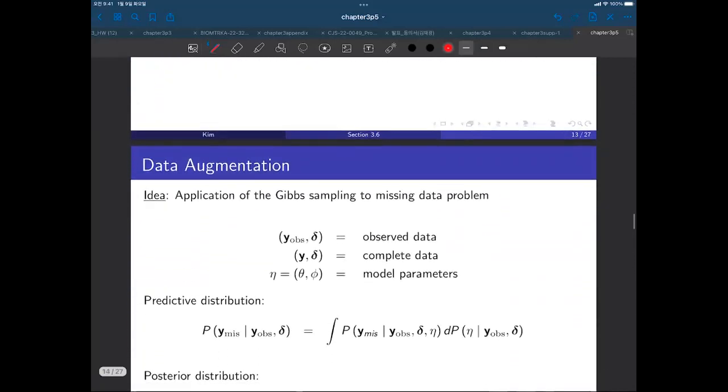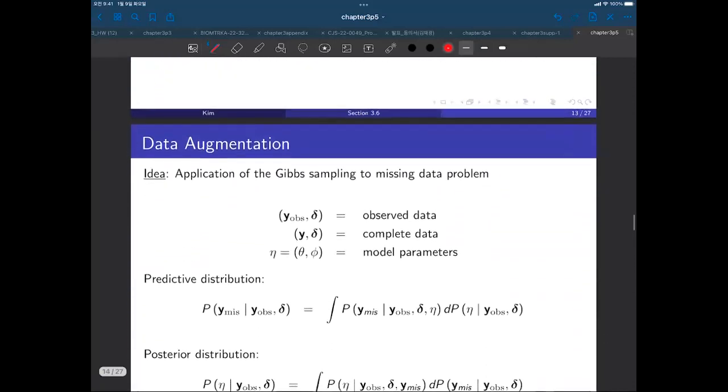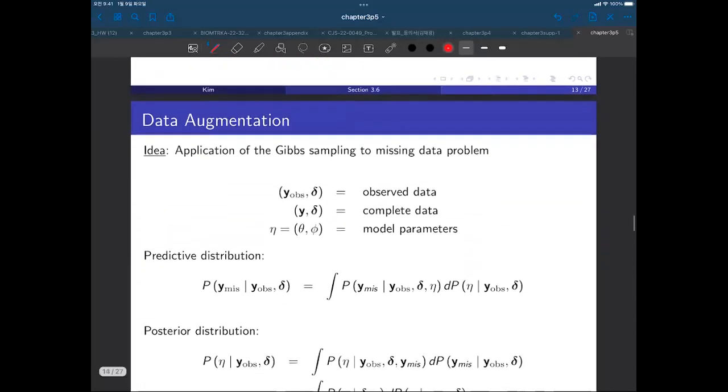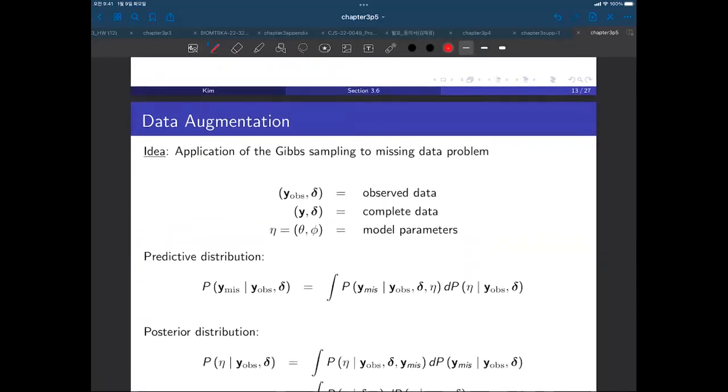Okay. Now let's briefly discuss the Gibbs sampling. Gibbs sampling is a general tool for MCMC sampling, but now we will focus on the context of imputation.